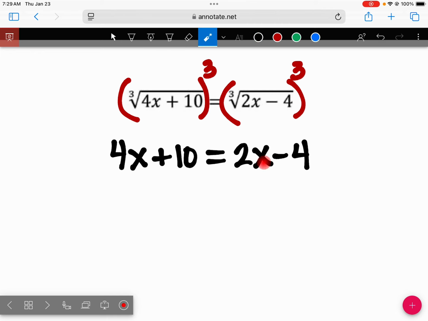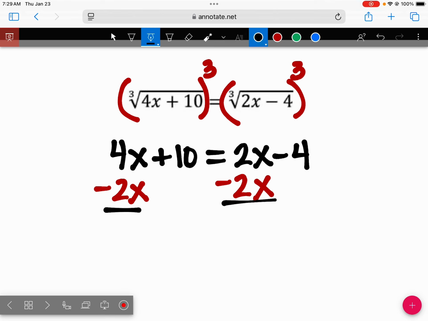So let's go ahead and subtract. We need to bring all of the x's to the left side. So to do that, because that's positive, we're going to subtract it. So let's subtract 2x. So take 4 minus 2, bring down the 10, and that equals negative 4.